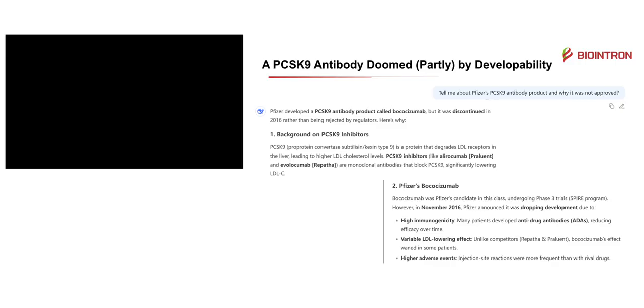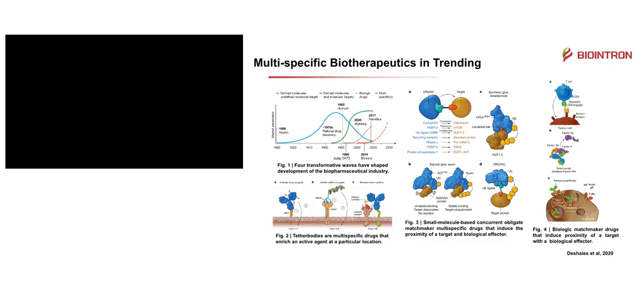So why are we talking about developability? I think if you're working on antibody discovery and development, you can agree with me that we are entering the era of multi-specific biotherapeutics.